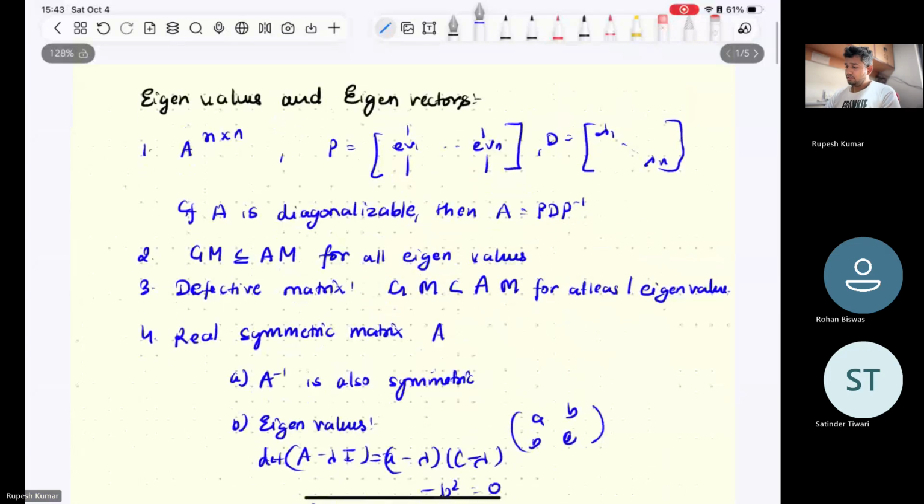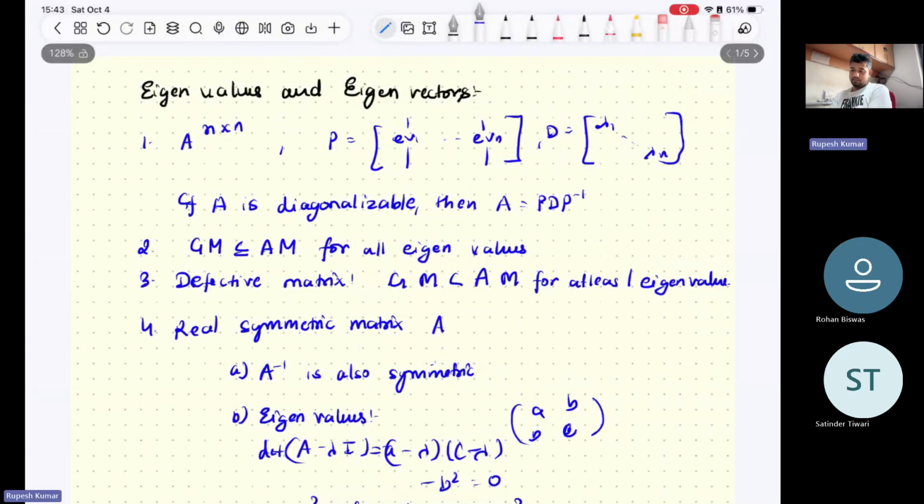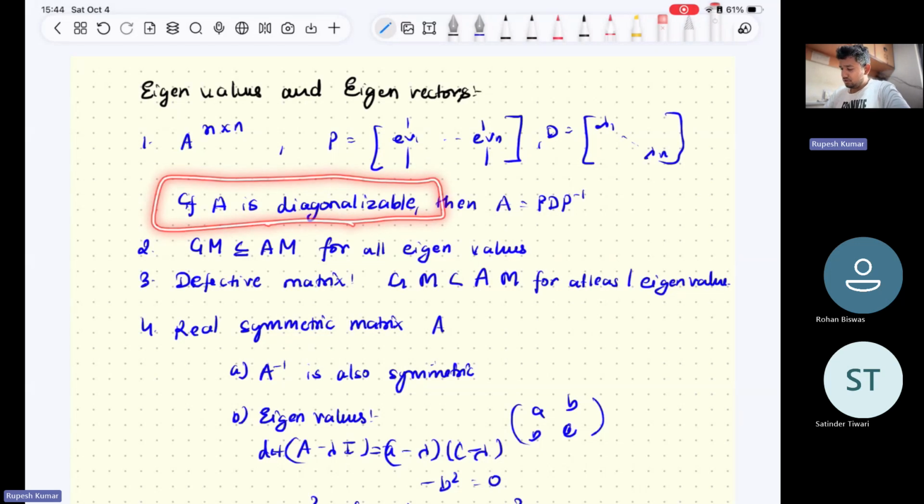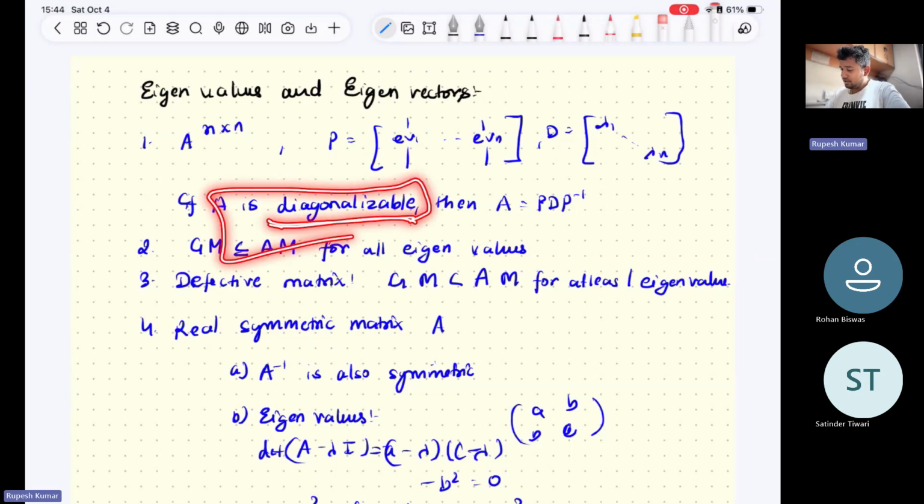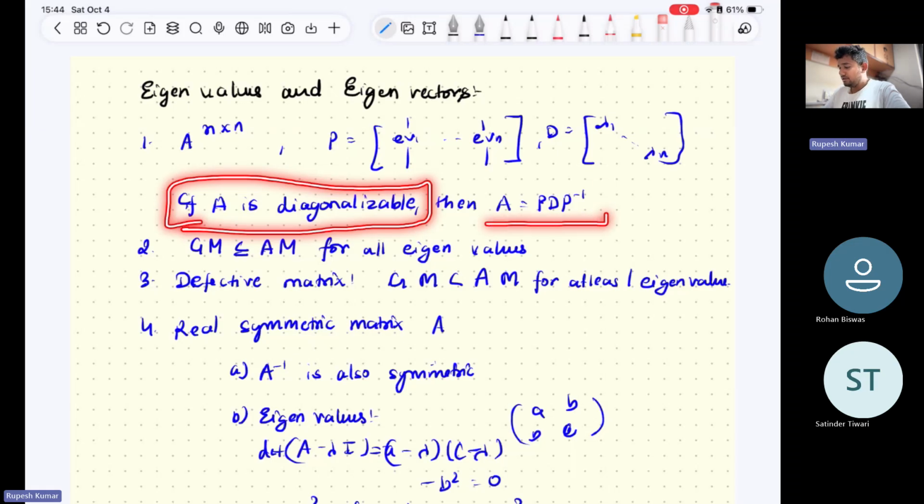We already discussed in the previous session that there are some terms known as eigenvalues and eigenvectors associated with matrices, and then there is a definition of diagonalizability: if a matrix can be diagonalized, then it can be written as A equals PDP inverse.